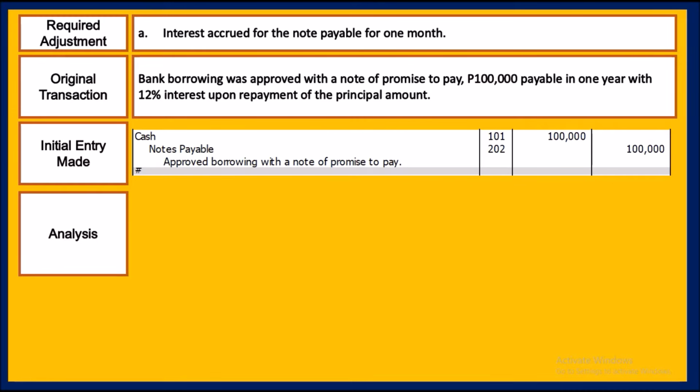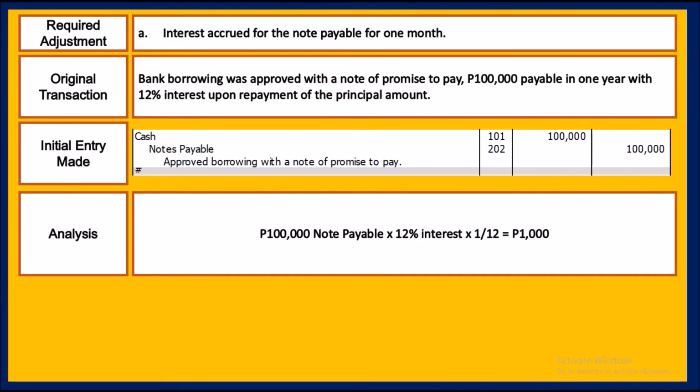Our analysis there is that the 100,000 note payable has 12% interest on top of it, which we will pay at the end of the 1-year term of the note payable.